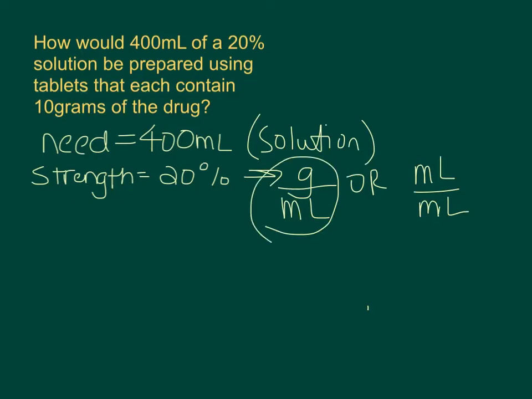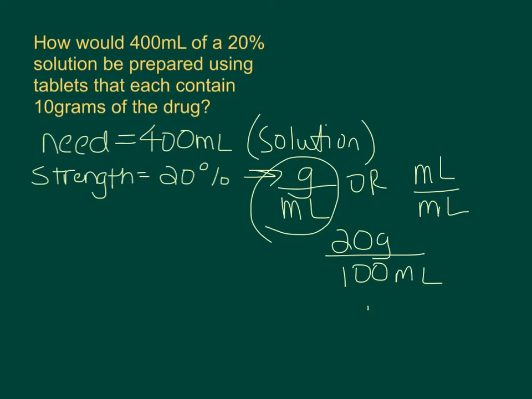To get my percentage back to its fraction, I'm simply going to take that 20 grams over 100 milliliters. So if you were to dissolve 20 grams of this drug into 100 milliliters of water, you would get a concentration of 20%.